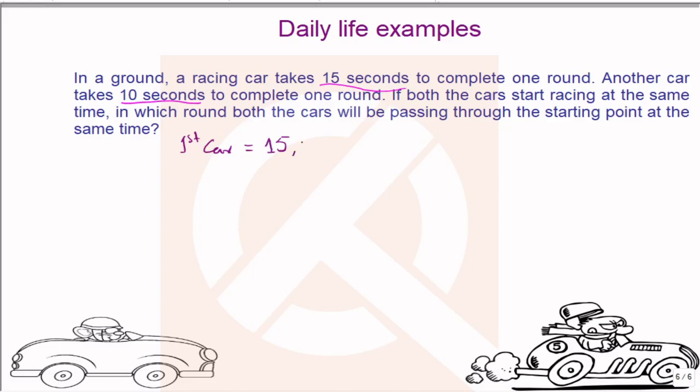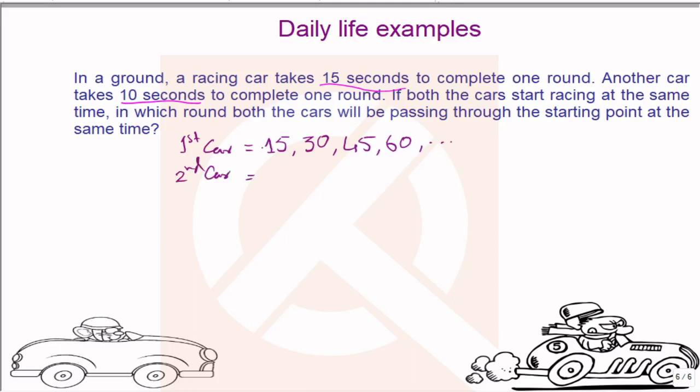And how many seconds to complete the second round? Yes, 30 seconds. And then 45 seconds. So you can see that it's actually the multiples of 15. 15 times 2 is 30, 15 times 3 is 45, 15 times 4 is 60, and so on. Similarly, for the second car, how many seconds is it taking?